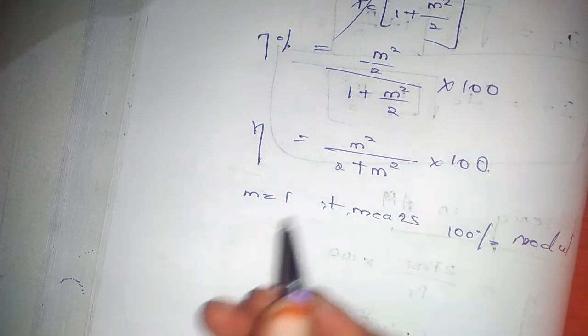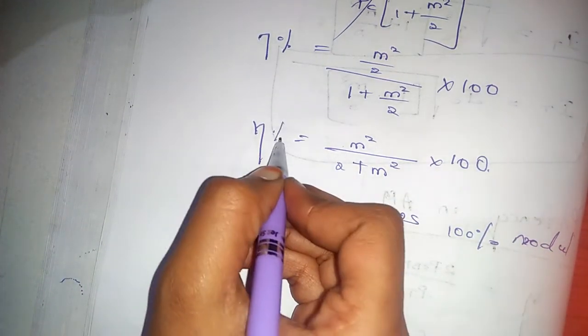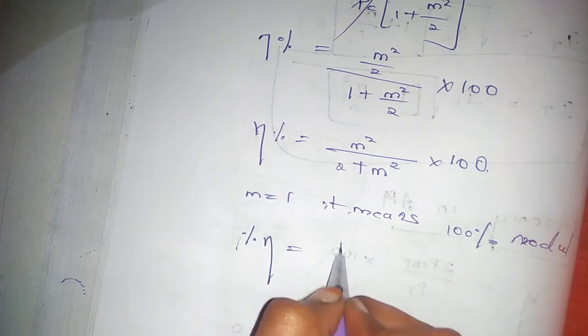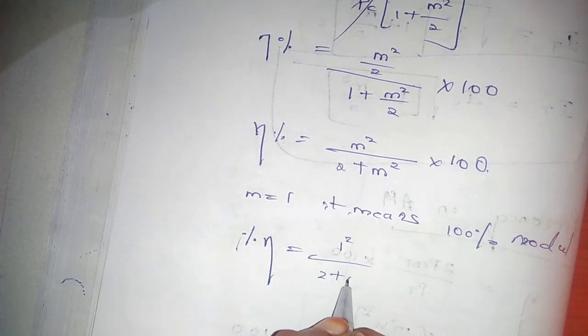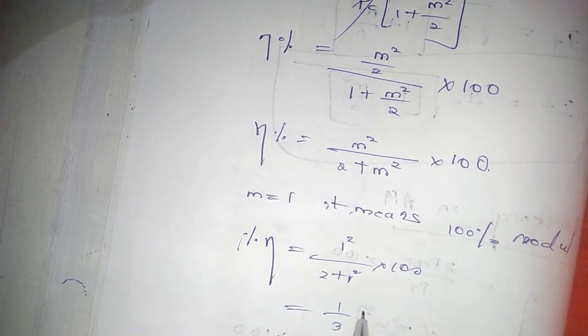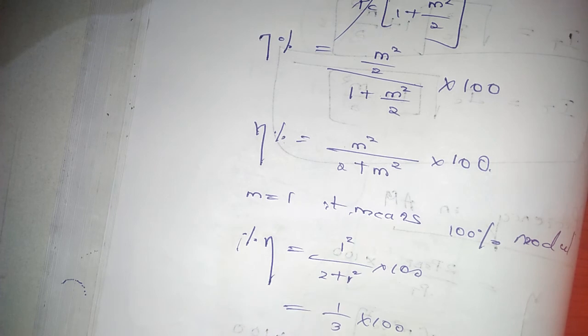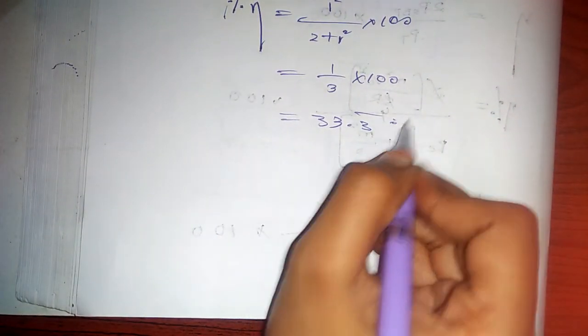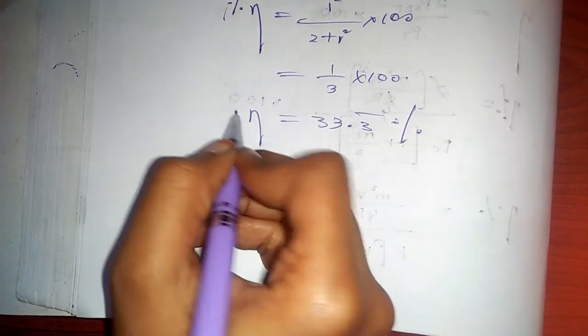What is the efficiency then? Efficiency in percentage is 1 square by (2 + 1 square), into 100. So 1 by 3 into 100 equals 33.33 percent.